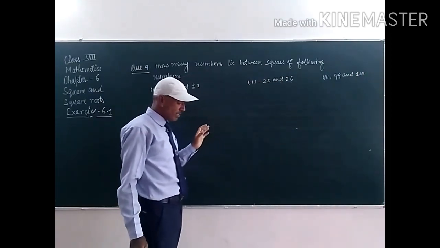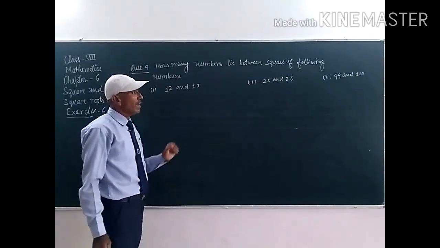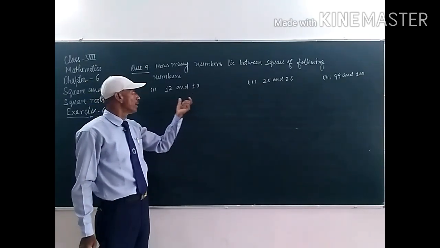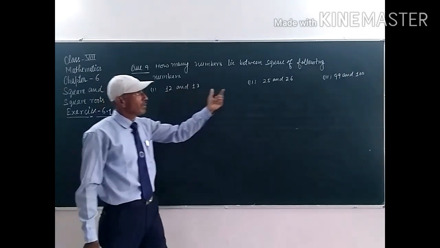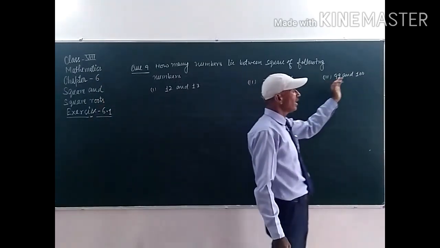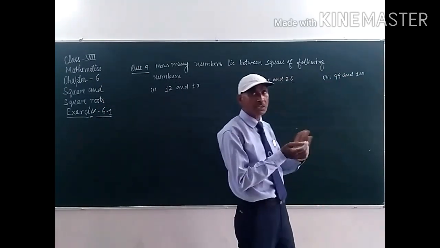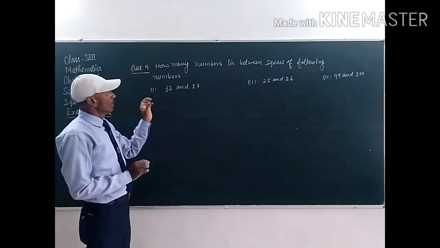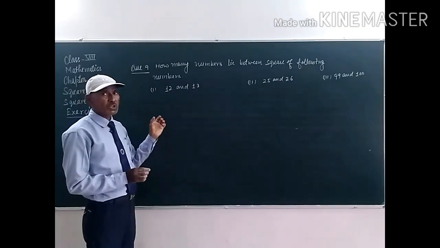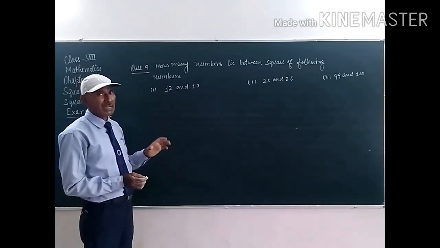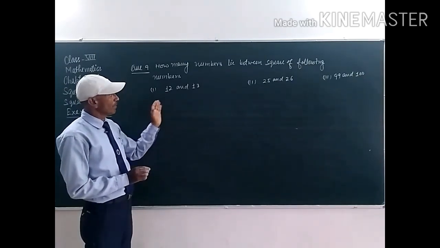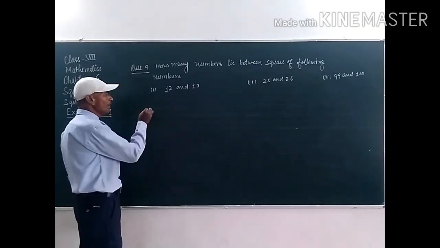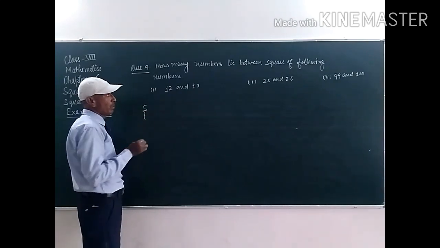In this question, student, first of all we have to note that these are all consecutive numbers: 12 and 13, 25 and 26, 99 and 100. These are consecutive numbers, students. So between the squares of two consecutive numbers, 2n numbers lie. Clear, students? So first of all we have to find the rule.